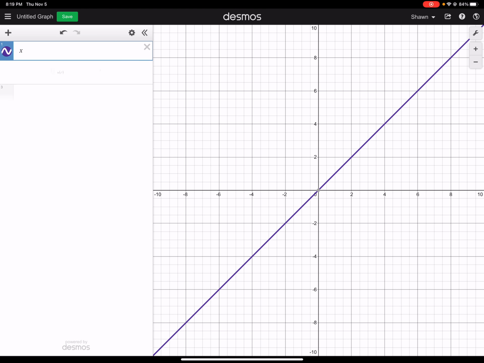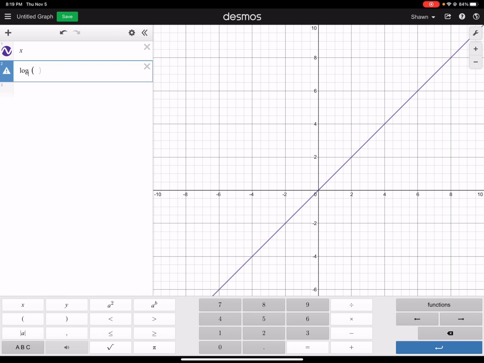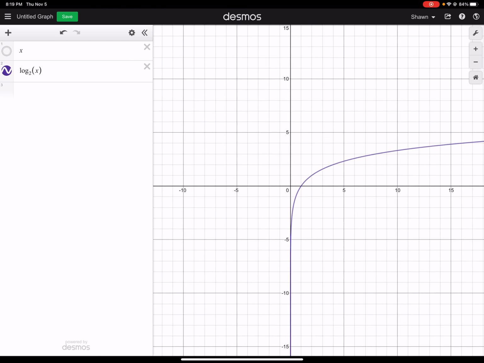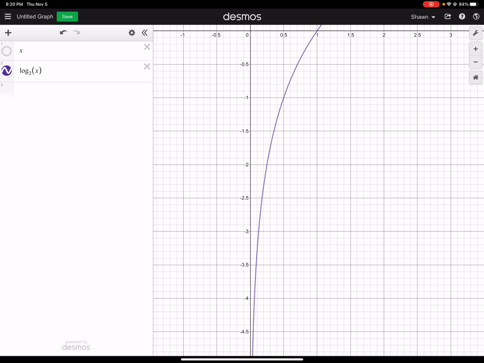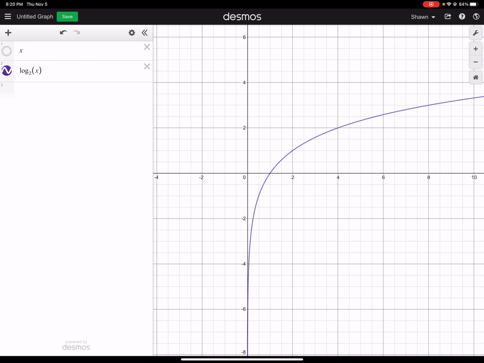And you could see that by, if I said log base 2 of x, there it is right there. And it does stay like it's supposed to. And it never crosses though.